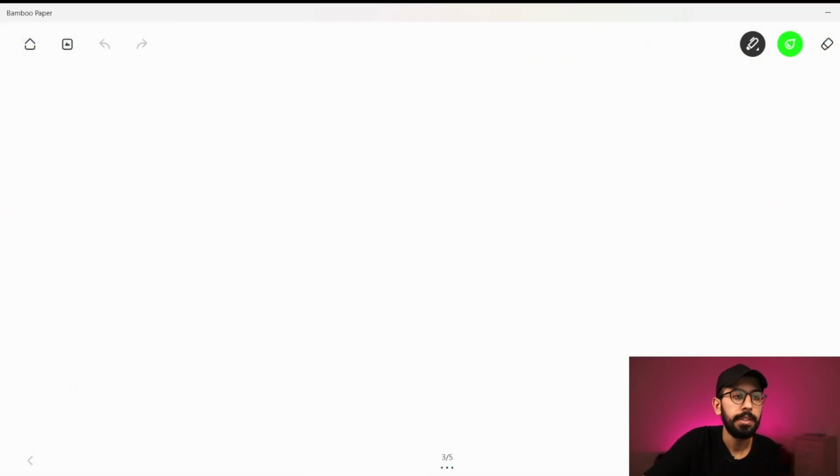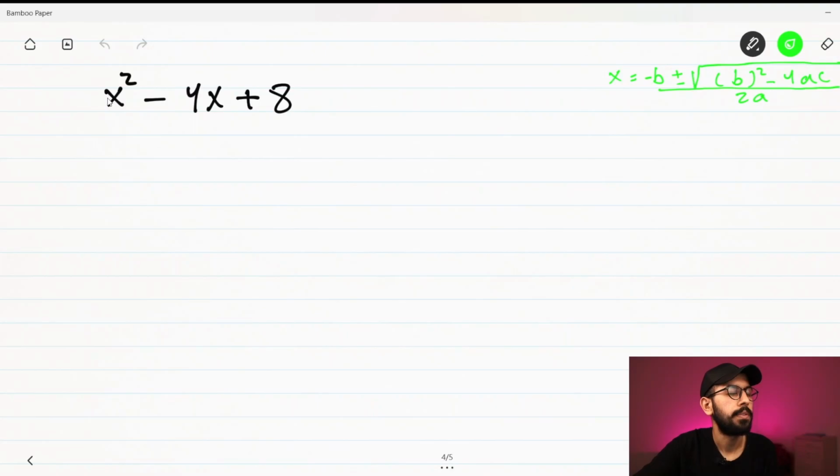Let's take examples. In this example we have x squared minus 4x plus 8. Here our a is equal to 1, here is our b, the 4, and the c is our 8.